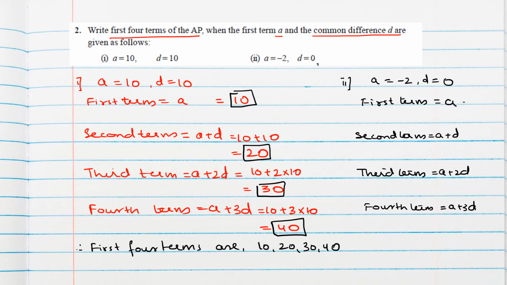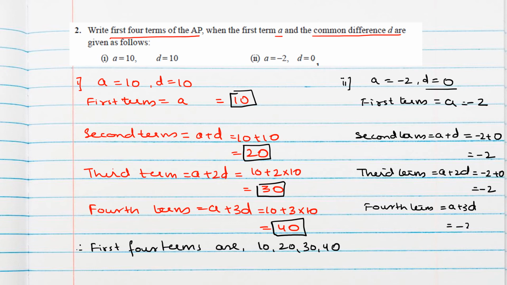Now A is given as minus 2 and D is 0. So minus 2 plus 0 will give minus 2. Here also 2 into 0 will be 0, again we get minus 2 plus 0, which is minus 2.